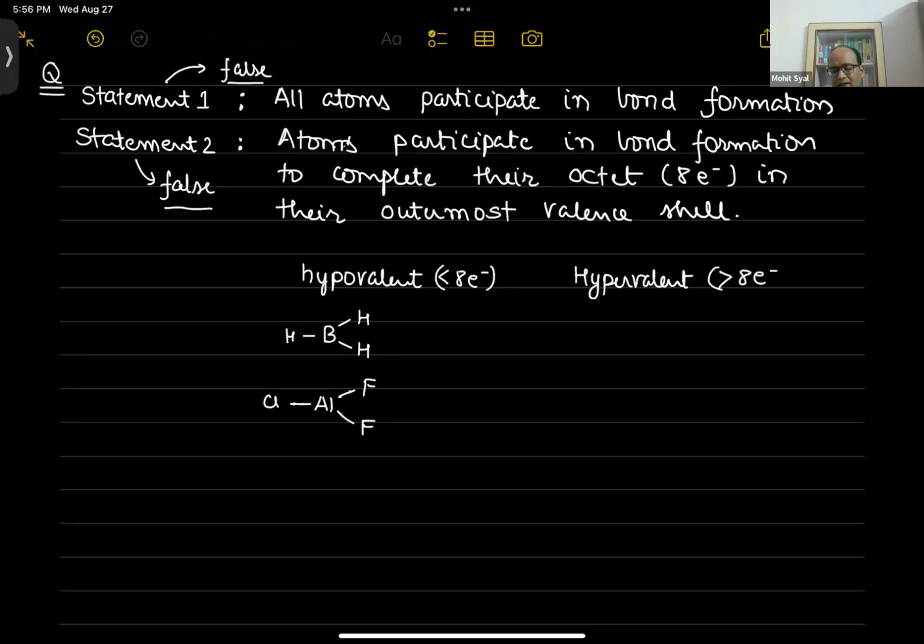There are many cases, and actually, for example, SO3. How many bonds is this SO3 having? Yeah, 6 bonds, and each bond carries 2 electrons, right? So 12 electrons. Got it?